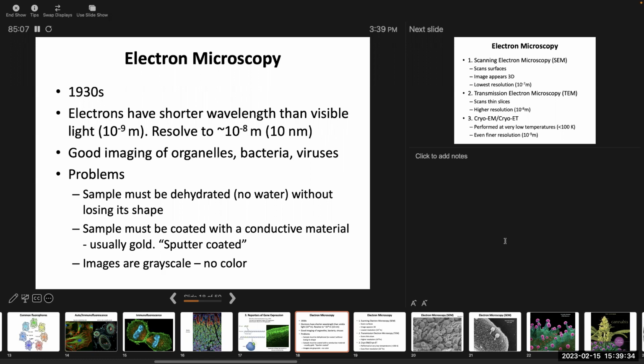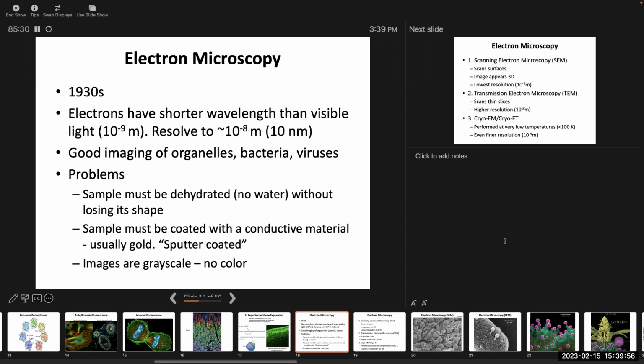Electrons have a much shorter wavelength, down around 10 to the minus 9 meters, around the size of a nanometer. So electron microscopy allows us to see things not quite down to 10 to the minus 9, but down to about 10 to the minus 8 meters.